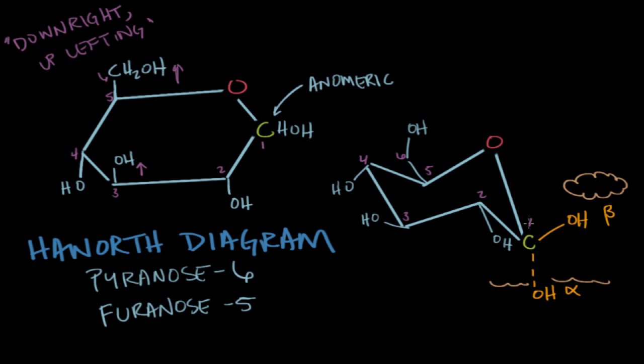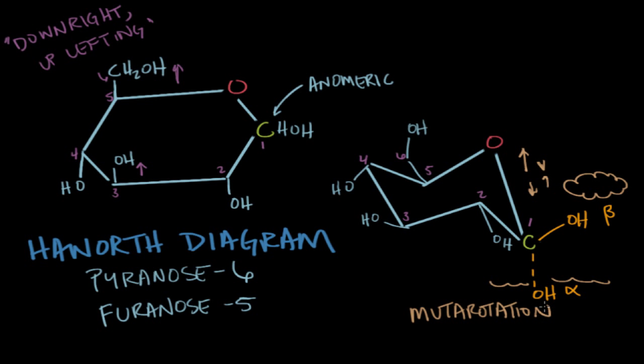And when it opens up, the C1 and C2 bond right here can actually rotate, and when it closes again, you can form either the alpha or the beta product. So this thing is constantly opening and closing to form the two different products. And we call that process, where it opens and rotates and closes again, mutarotation. So this thing is mutarotating in the water at all times.